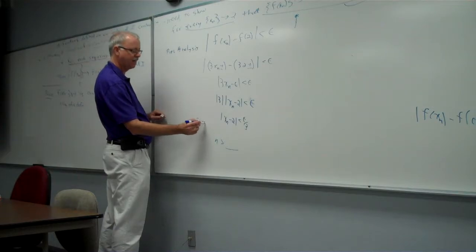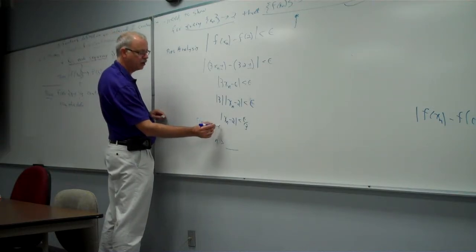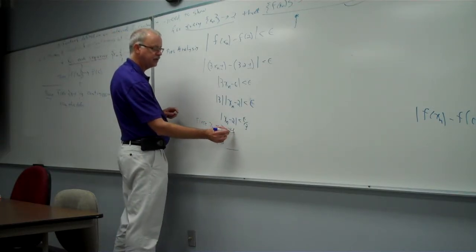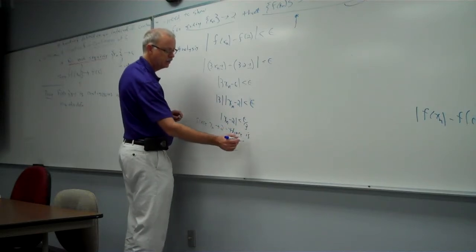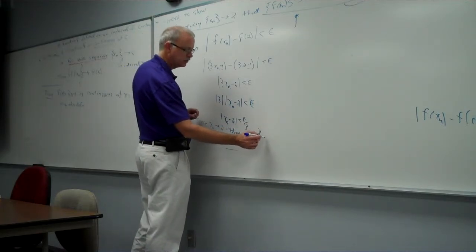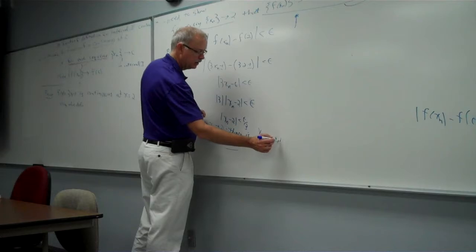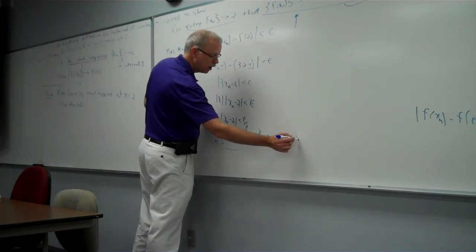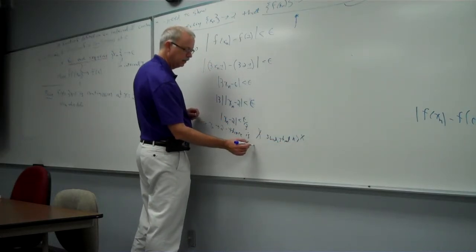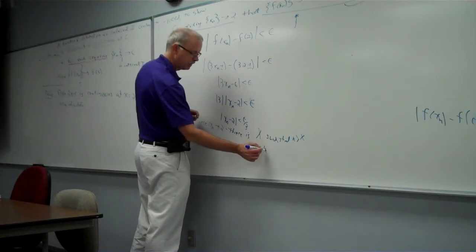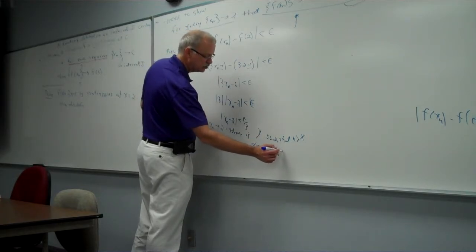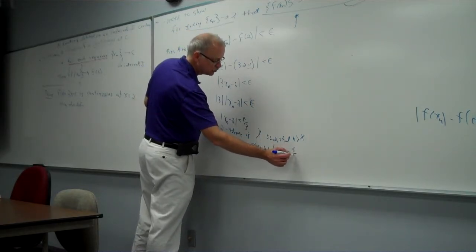Since x sub n converges to 2, there is a capital X such that n greater than capital X gives us the absolute value of x sub n minus 2 less than epsilon over 3.